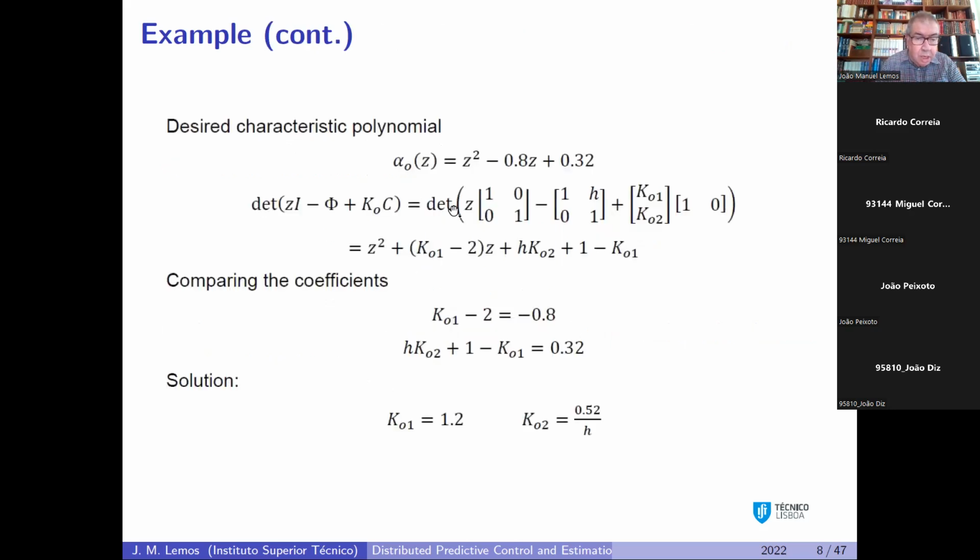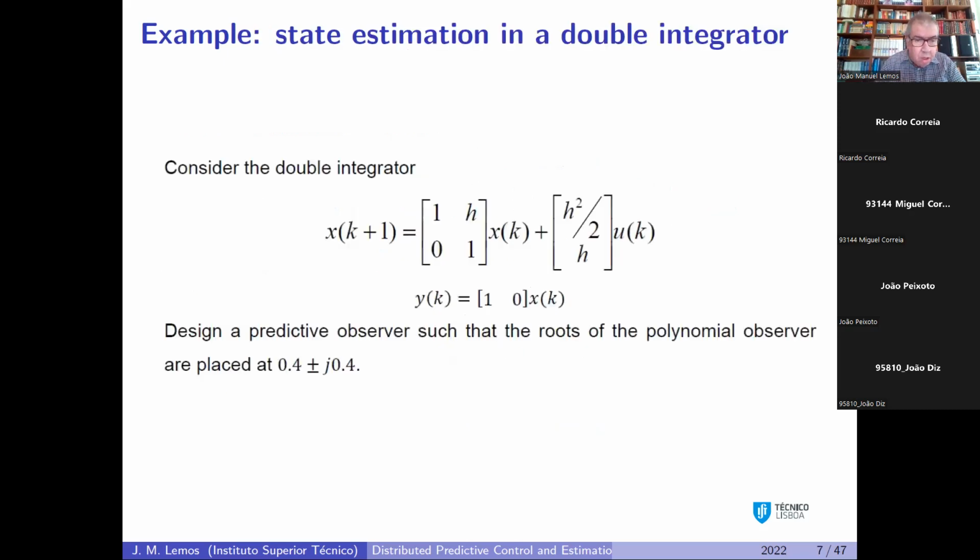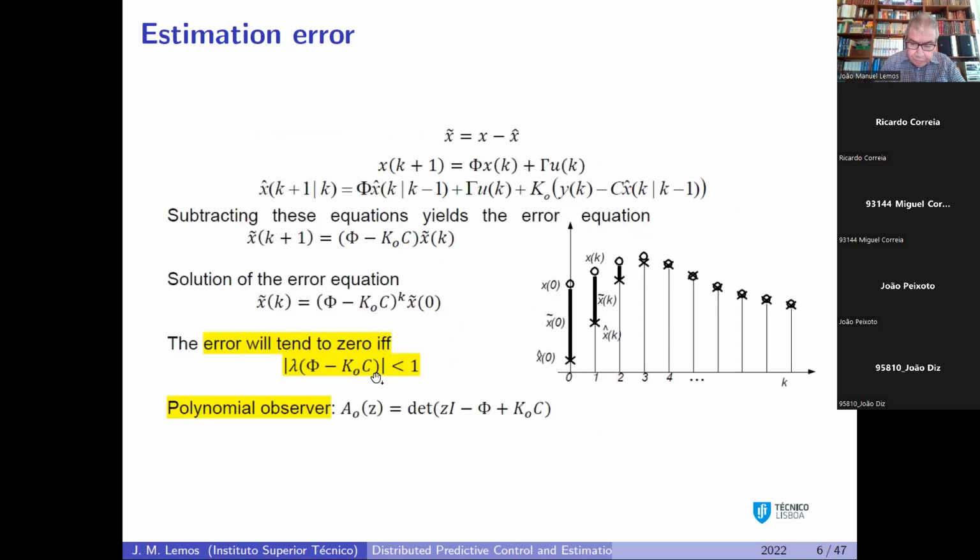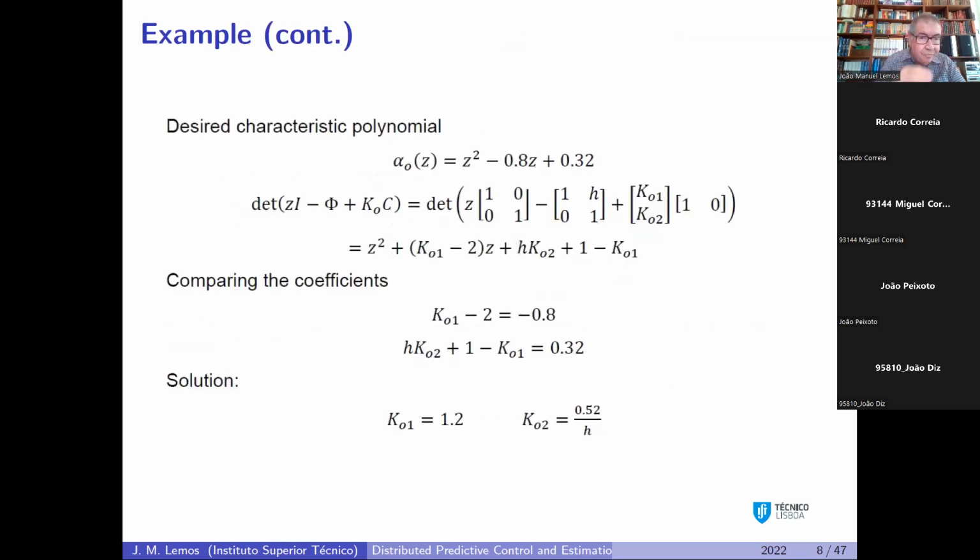Okay, so this results from nothing more than (z minus 0.4 minus j 0.4) times (z minus 0.4 plus j 0.4). Okay, so this is my desired characteristic polynomial for the error dynamics.